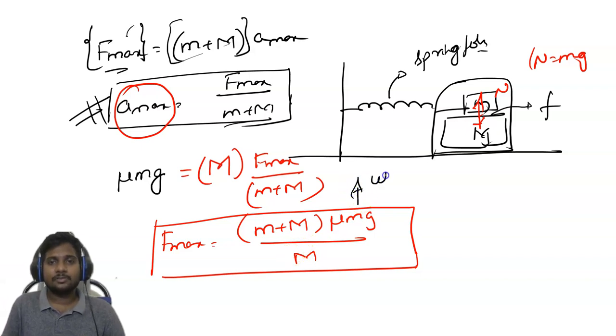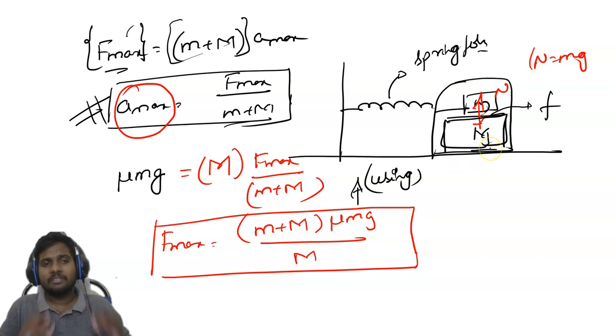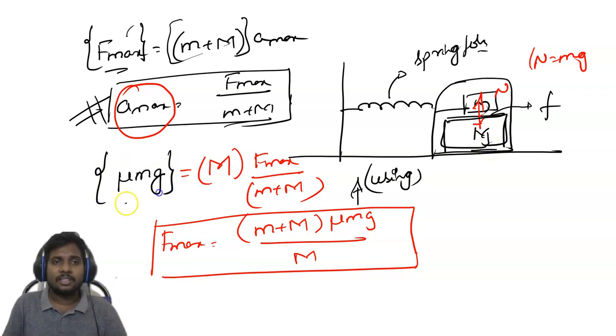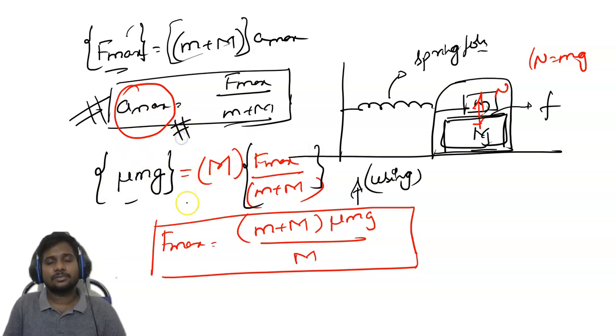This is using the friction concept, because whenever there is a block on block problem, you have to see the critical block. The critical block is the second block, capital M, because on this only friction is present. Whatever acceleration is possible on capital M is only caused due to friction. So I have written maximum friction force is equal to mass into maximum acceleration, which we derived assuming both blocks are going together. So I got the maximum force. This maximum force is actually provided by the spring force.